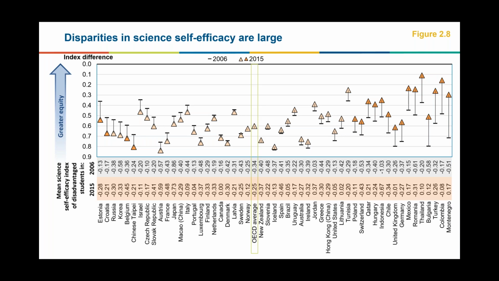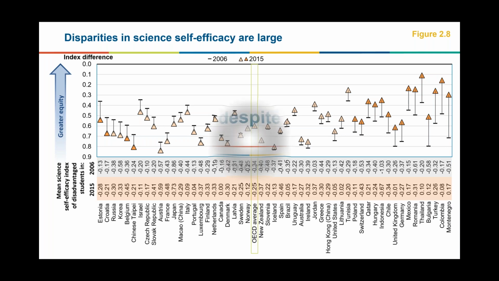Why is this important? Because students' sense of control over their learning, their belief that effort is going to make a difference, that they can overcome difficulties even if they don't know the answer right now, that in itself is a very powerful predictor for the success in learning.